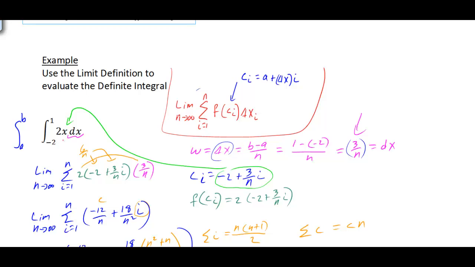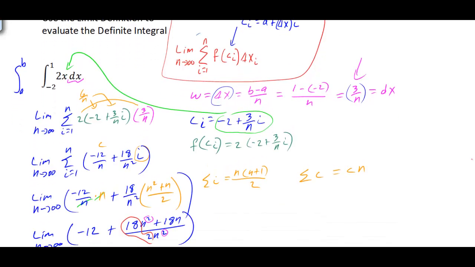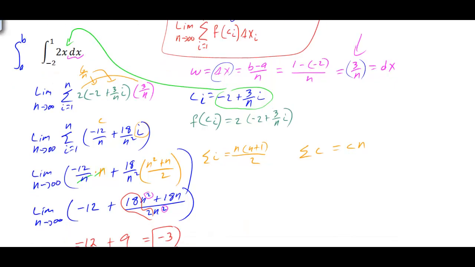Later on, we're going to look at some other techniques that we can use, but I want you to understand how this limit definition works so that you can see that we're summing up these rectangles. And for this example, the negative 2 to 1 is just representing that interval that we looked at before when we were using the upper and lower sums. And hopefully you can see this process is very similar.